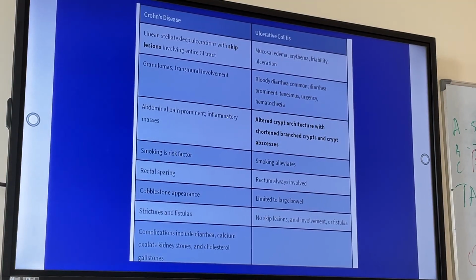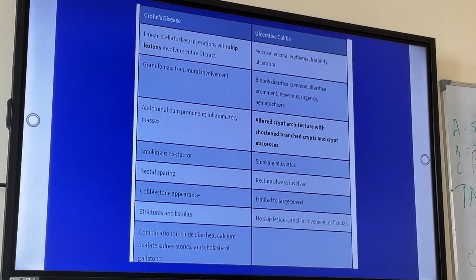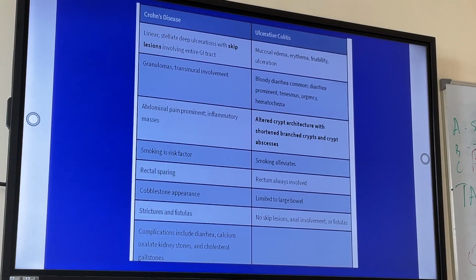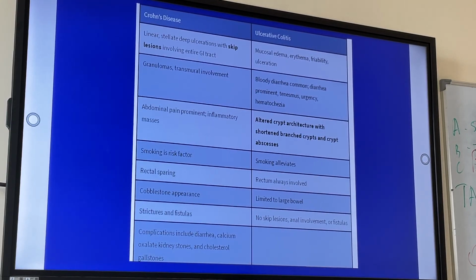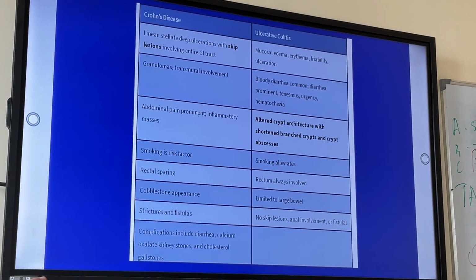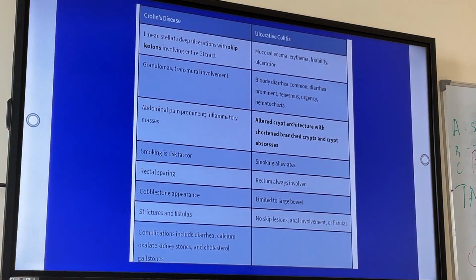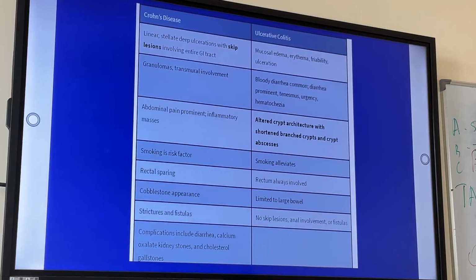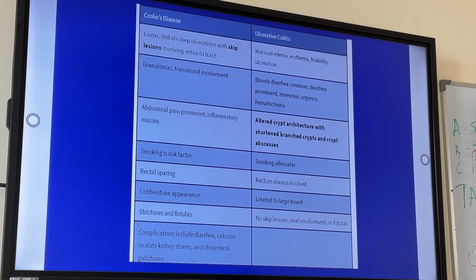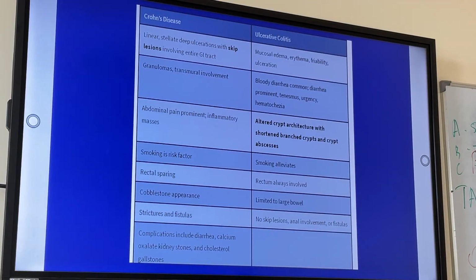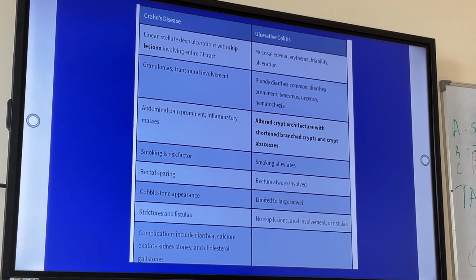Tenesmus is a medical term meaning the patient goes to the washroom for defecation, but it's like a false alarm. It's very typical for infective diarrheas and so on. It's just a sensation due to inflammation, maybe with no defecation.